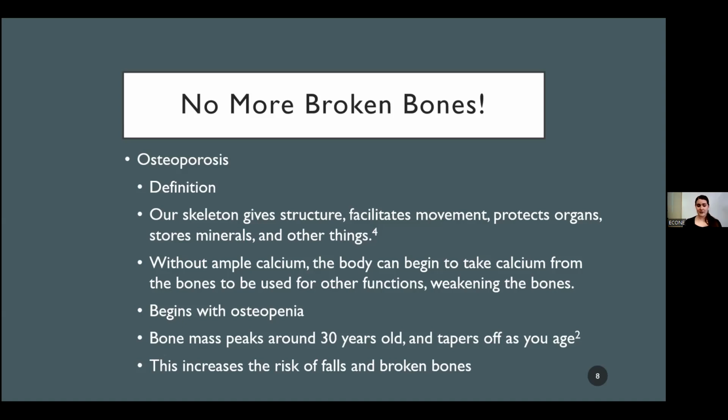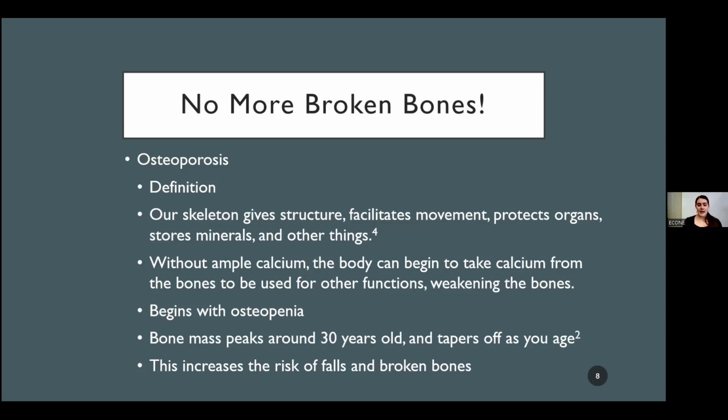Without ample calcium in the diet, the body can begin to take calcium from the bones to use for those other functions, like we talked about before, like muscle contraction, being able to release hormones and neurotransmitters, things like that, which when the body takes that calcium away from the bones, it can begin to weaken the bones, as we see in osteoporosis.